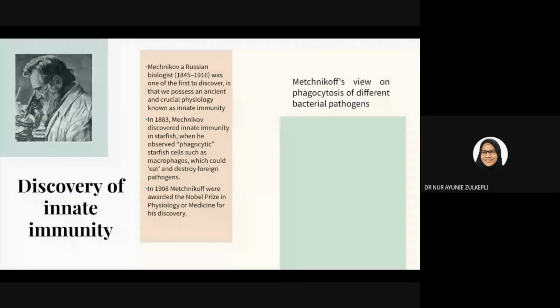Okay. So the discovery of innate immunity, how was it discovered. The Russian biologist Metchnikoff was the first to discover innate immunity when he did research on phagocytic starfish cells. He observed how macrophages eat and destroy foreign pathogens. That was in 1883, and he won the Nobel Prize for that.